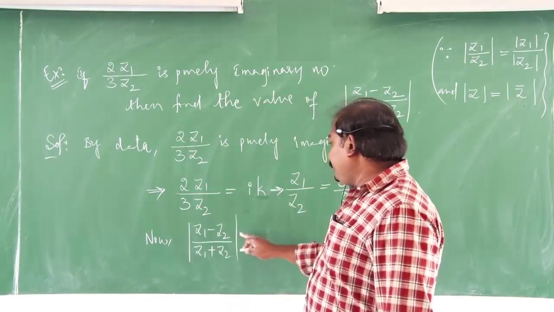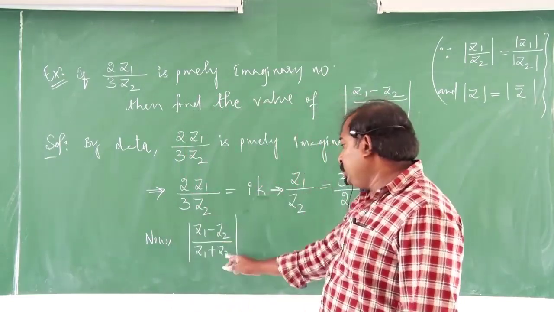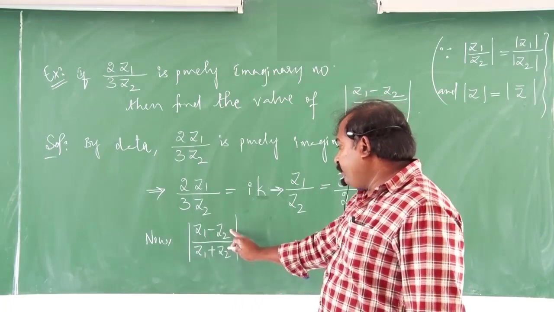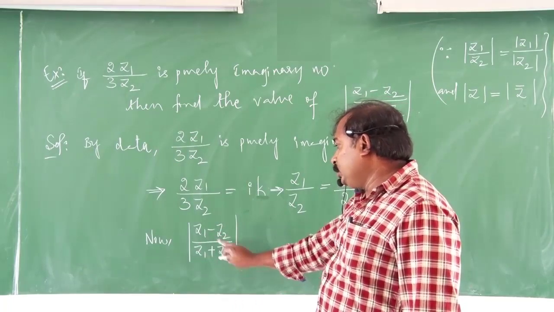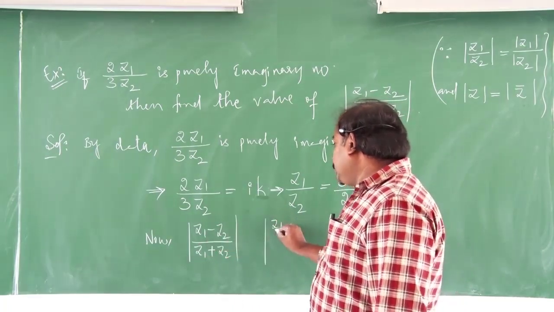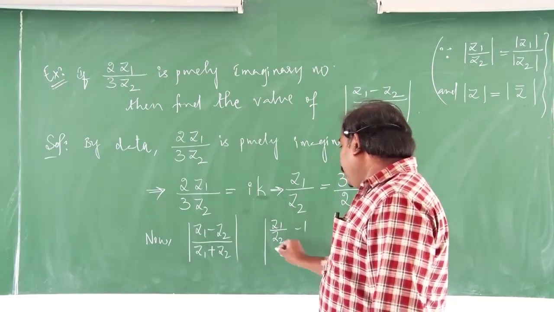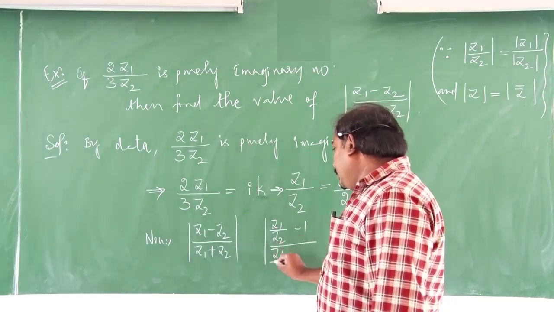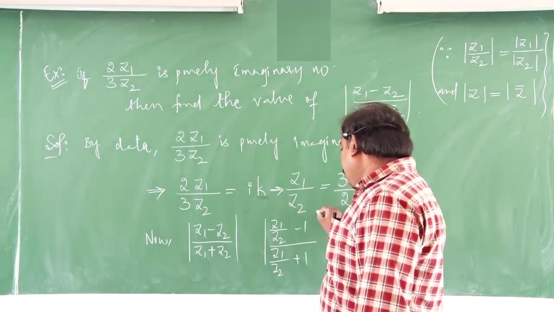Now in the numerator I can take z2 common, and in the denominator also I can take z2 common. If I take z2 common, I get modulus of z1 by z2 minus 1 by modulus of z1 by z2 plus 1.